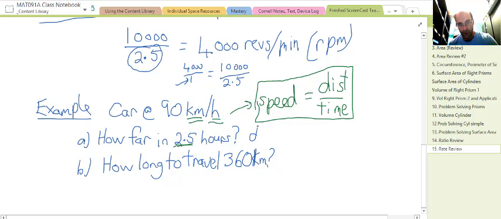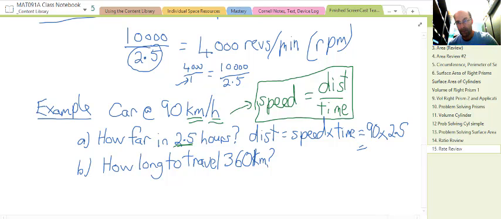So to get the distance, we go distance is speed multiplied by time, because it's groups of, which would be 90 multiplied by 2.5. Which is 90, 180, 180 and 45 is 225 kilometers.